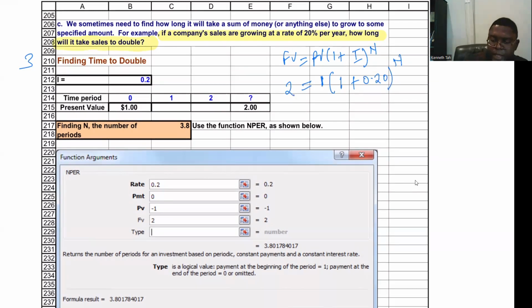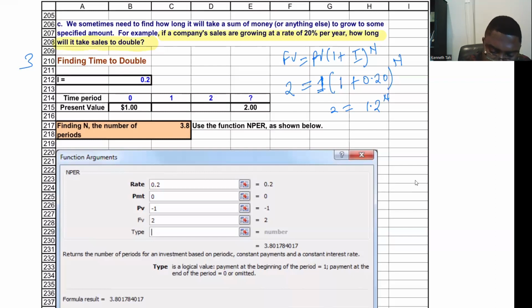If the growth rate is 20%, how long will it take to move present value from 1 to 2? How long will it take for sales to double? So we're interested in calculating n. What we can do is make n the subject. Here we have 2 equals 1.2 raised to the power n.